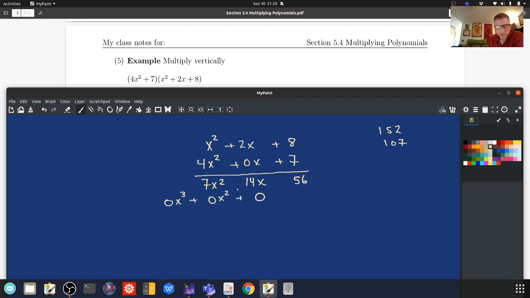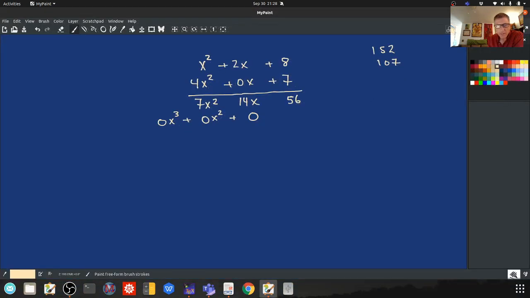So that's just 0. Then finally, 4x squared times 8 is 32x squared. So I put it underneath my 32x squared column. 4x squared times 2x is 8x cubed. And 4x squared times x squared is 4x to the 4th.